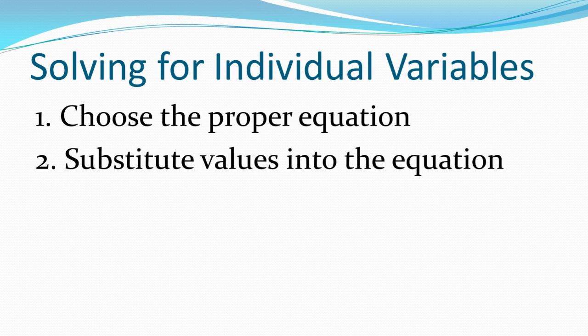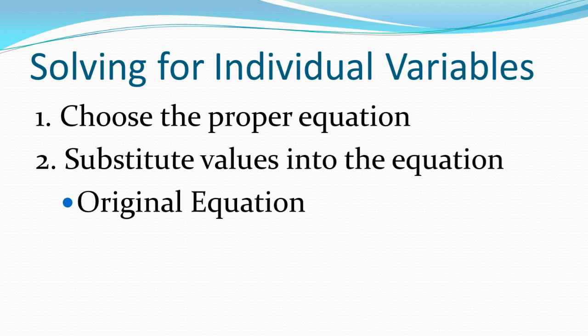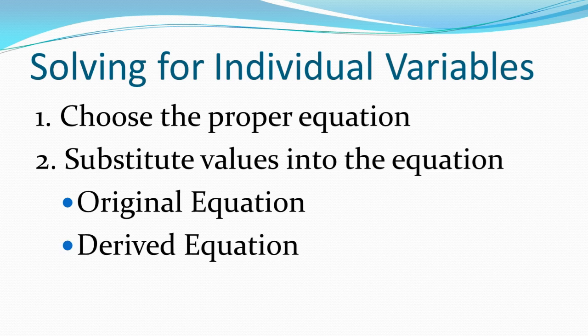Now, when you choose your equation, you have the option of choosing the original equation, which you can still substitute into. You'll just have to solve. Because these are all 3 variables, you're really just going to be doing one-step equations. You're either going to be multiplying by a known or dividing by a known. The other option is to use a derived set of equations. In this case, the variable you're looking for is already solved.